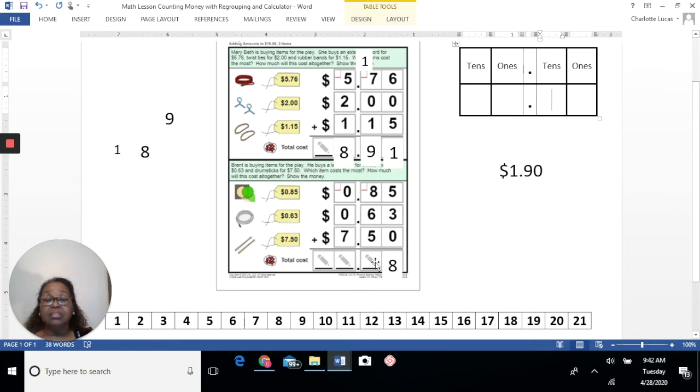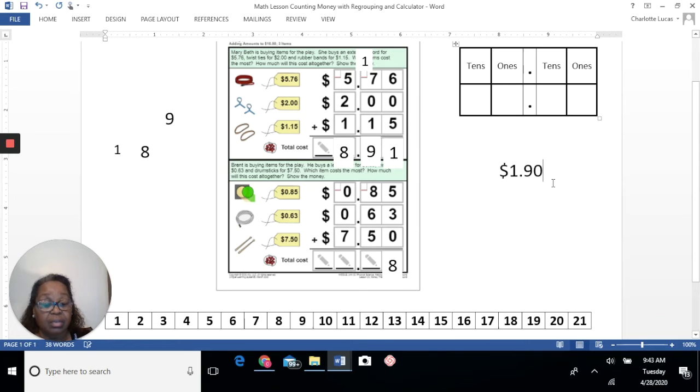So 19 tens, if we added them up, we could use our fingers. 10, 20, 30, 40, 50, 60, 70, 80, 90, 100, 110, 120, 130, 140, 150, 160, 170, 180, 190.